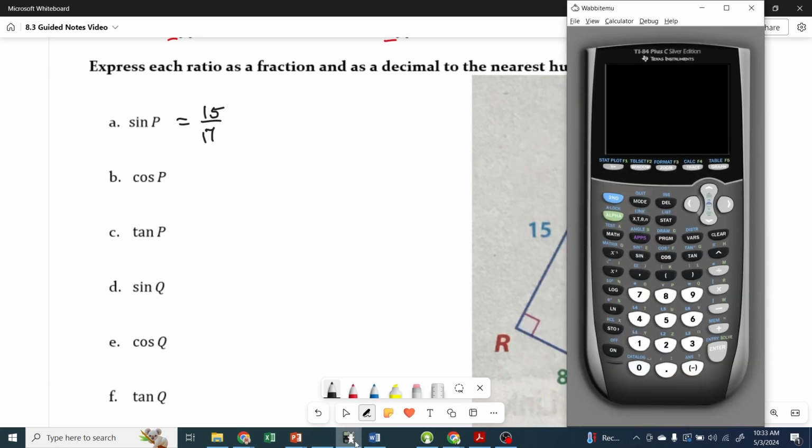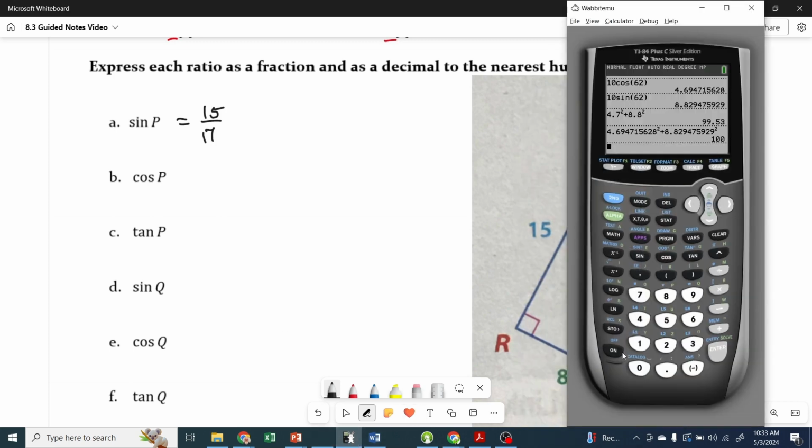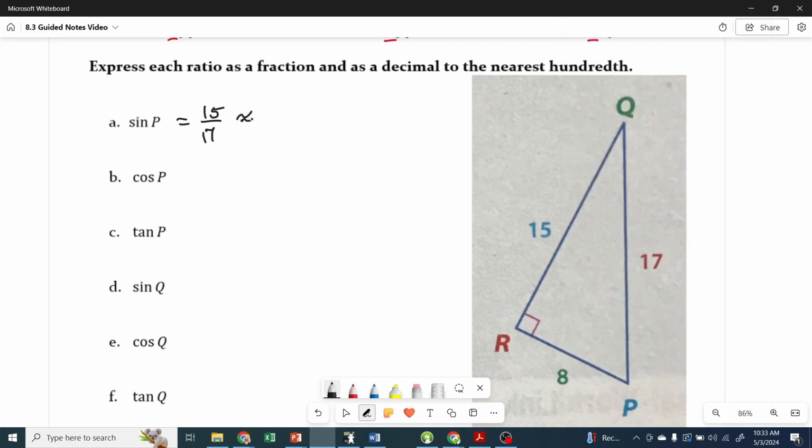And we take out our calculator and divide 15 by 17, and we get 0.88. The cosine of P is adjacent, 8, over the hypotenuse, which is 17.